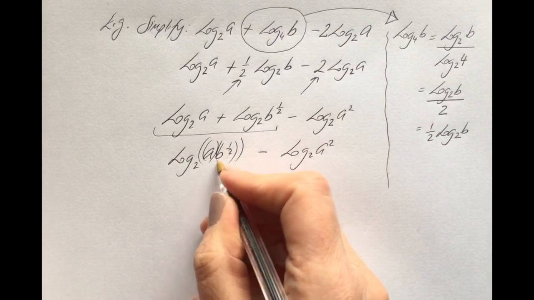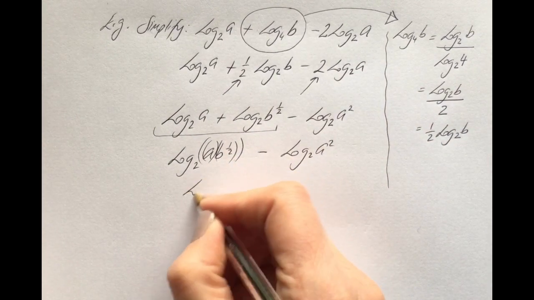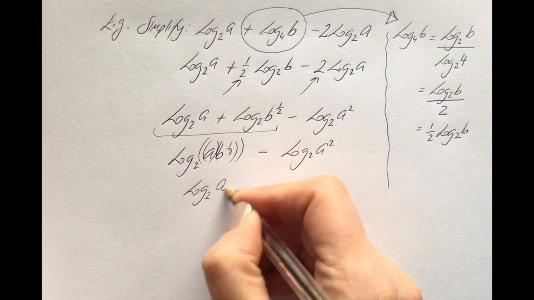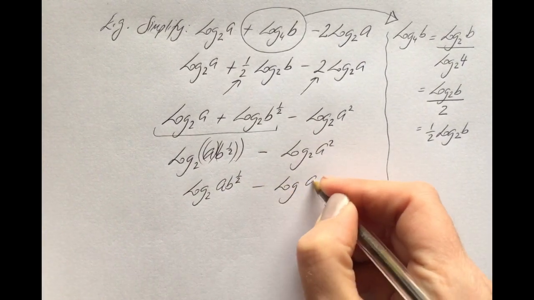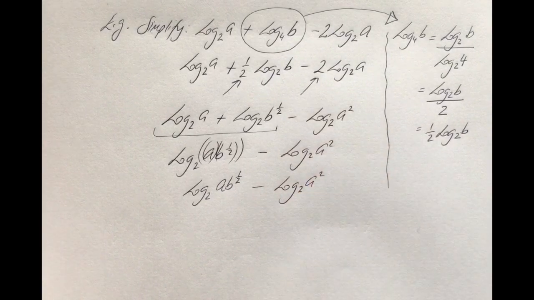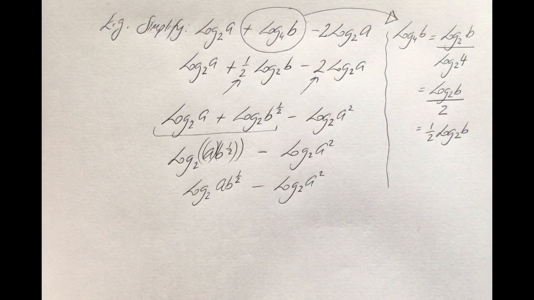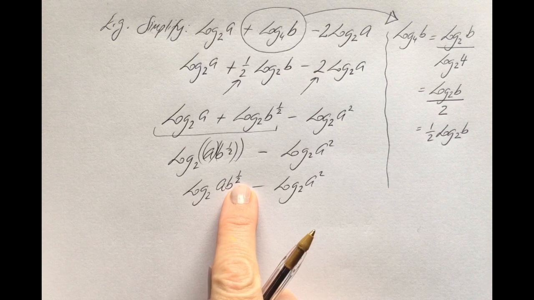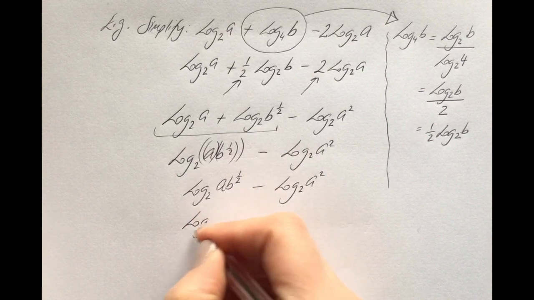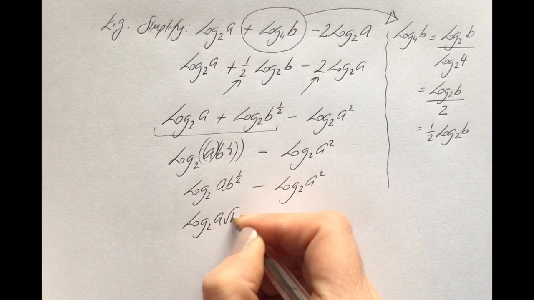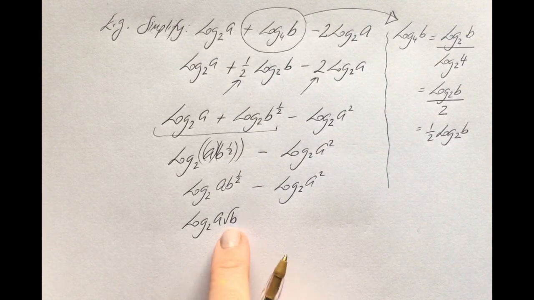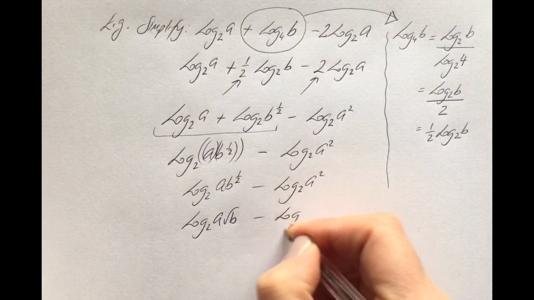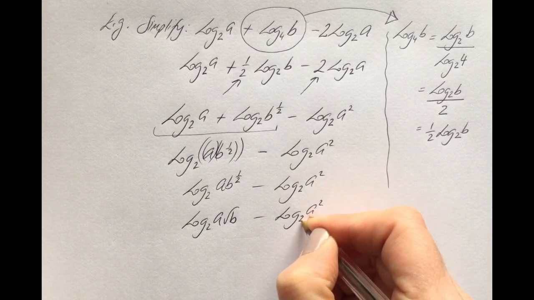So a times b to the half can be written like this, minus log a squared in the base 2. Another way of writing b to the half, if you remember, is root b. From your laws of indices, b to the power of a half is the same as the square root of b. Minus log a squared in the base 2.